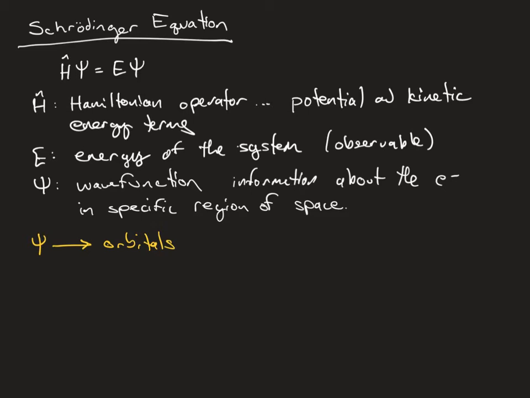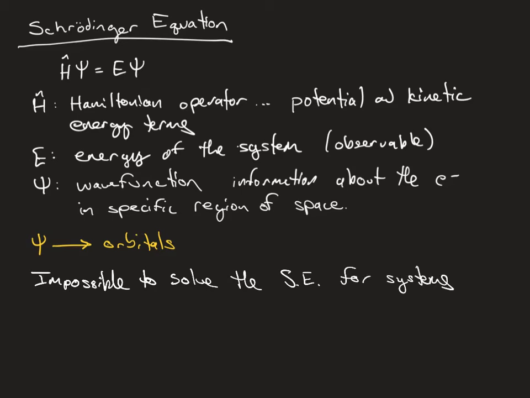Now, although the Schrodinger equation in the form that I've written it above seems to be very simple, it's actually mathematically a very daunting equation to tackle and solve exactly. In fact, it is impossible to solve the Schrodinger equation for systems that contain more than one electron.